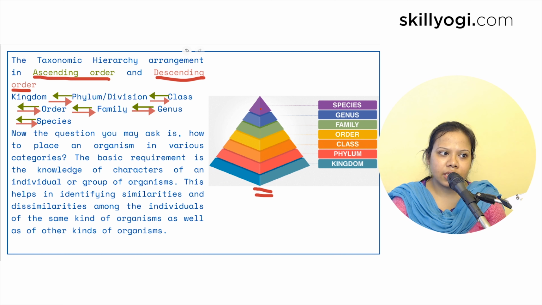From here we go upward, like in any type of pyramid, where we start from below to top. And what is ascending order?